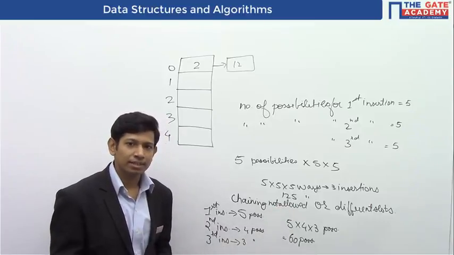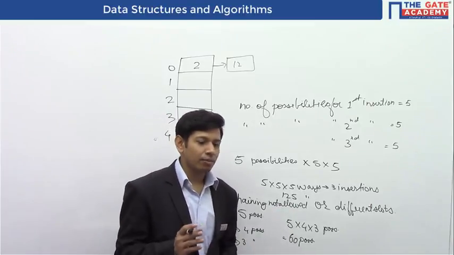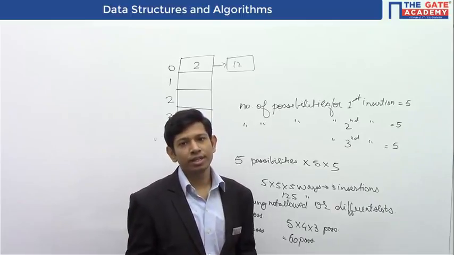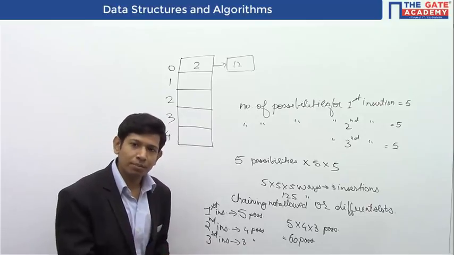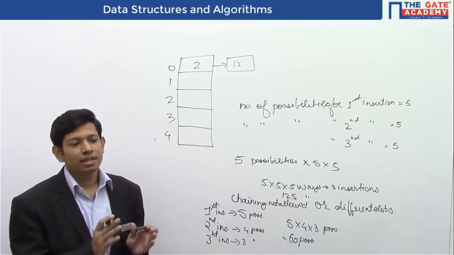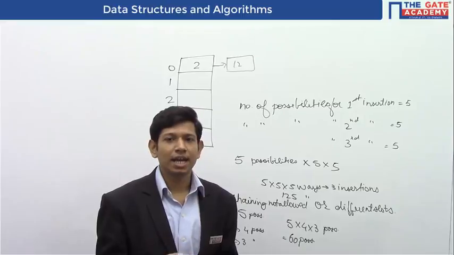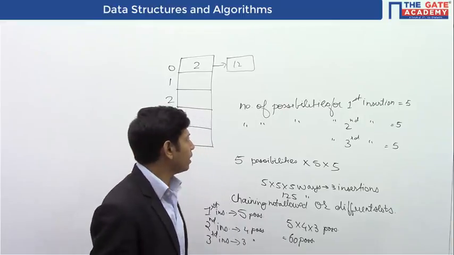Next, they are asking for the probability that after performing 3 insertions, 2 keys hash to the same slot. That would be the total number of possibilities minus the number of possibilities of keys hashing to different slots. Let's note it down.